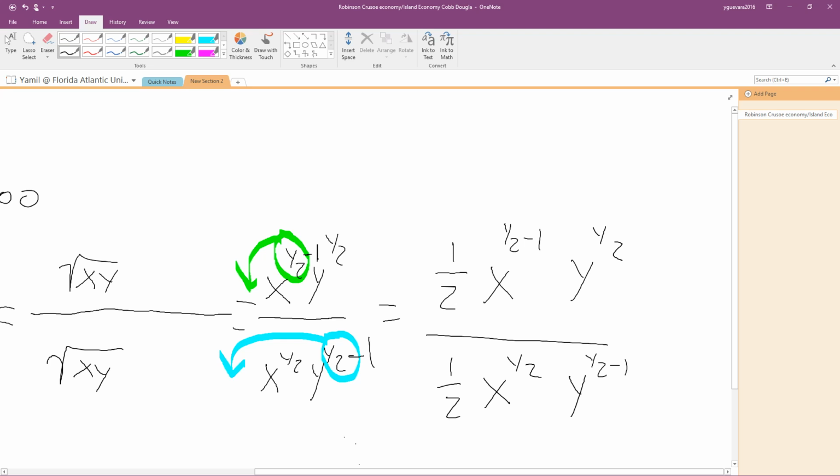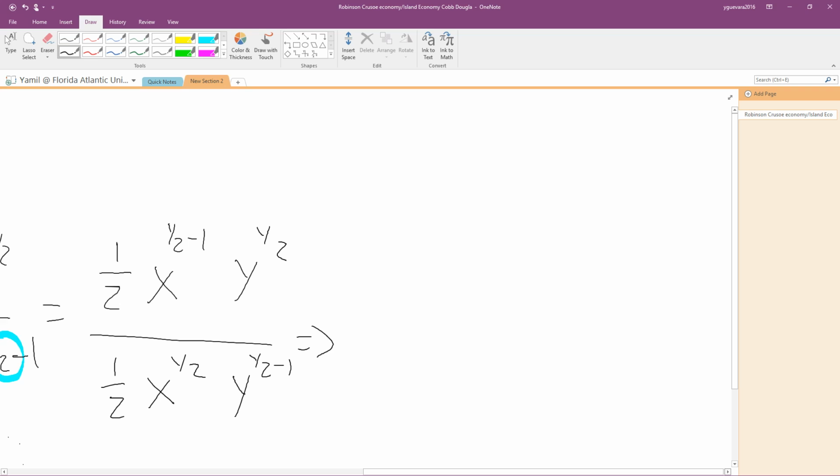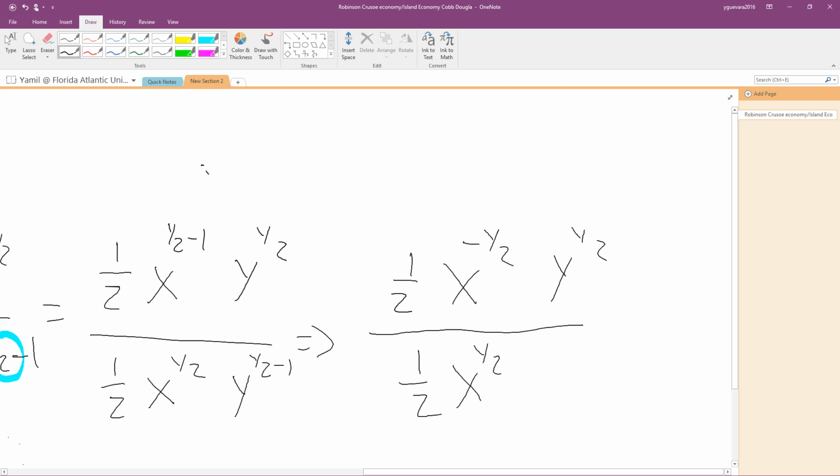Okay, let me scroll a little bit, that way we continue solving this problem. So what do we get here? So we have 1/2 x^(-1/2) y^(1/2) divided by 1/2 x^(1/2) y^(-1/2).